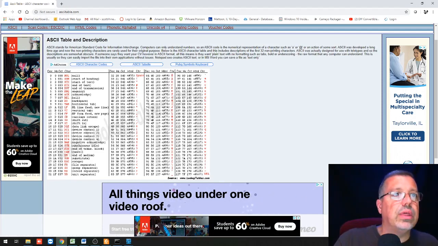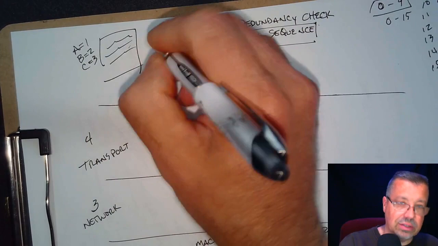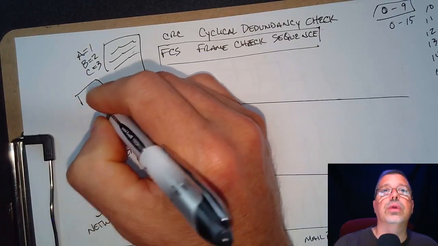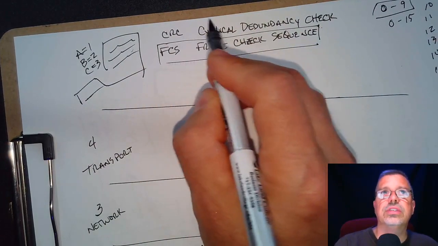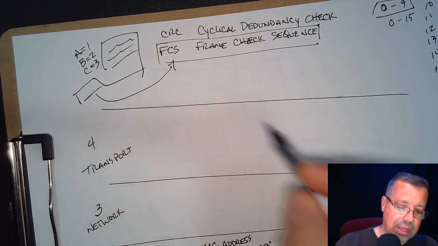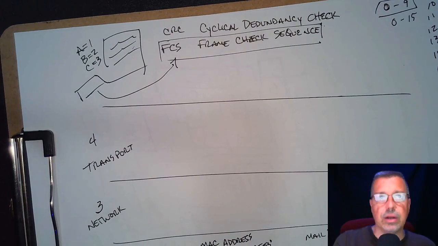What I would do then is add up all of the values of everything, and I would get a grand total. So for this whole message, I would get a 467,312. And then the CRC computes that, and that value would be placed in the frame check sequence inside the header on layer 2.